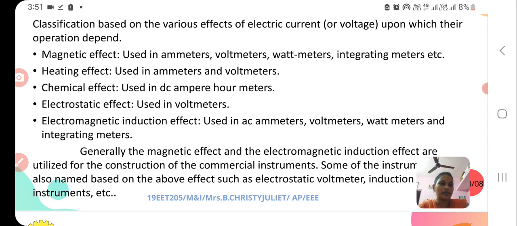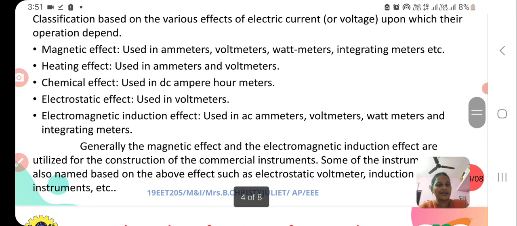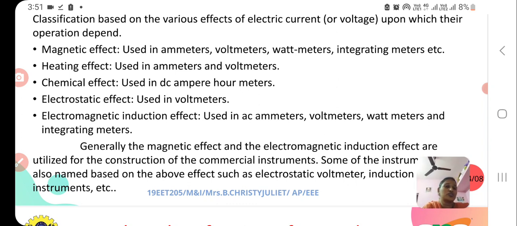If we take ammeters and voltmeters, in earlier days we had magnetic instruments, and then they were developed as heating effect instruments. Then we have chemical effect instruments, which are used in DC ampere hour meters, and later we have ammeters and voltmeters with electrostatic effects.